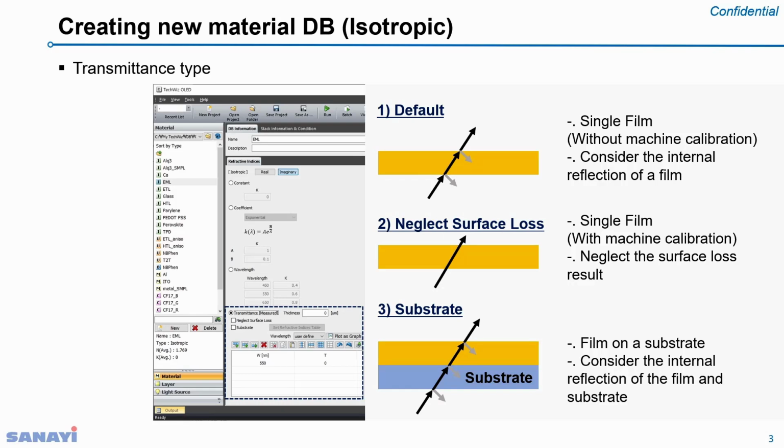At first, please enter the thickness when transmittance was measured. When it is default, only the result of measurement with the material, that is, the surface reflection of the material.